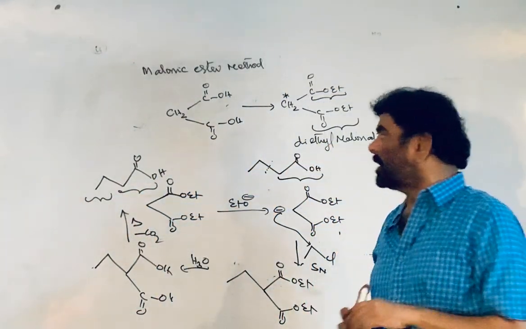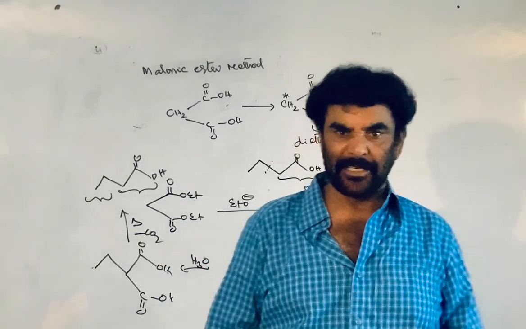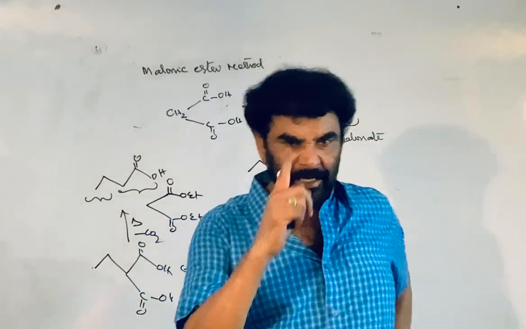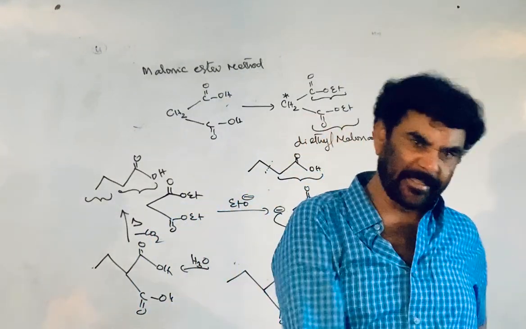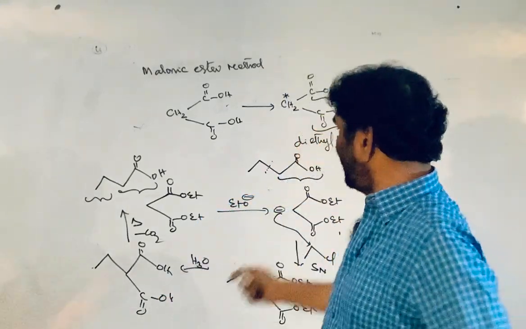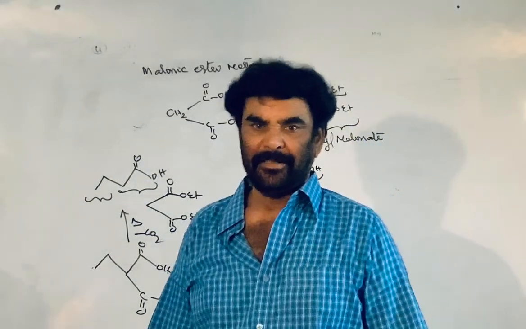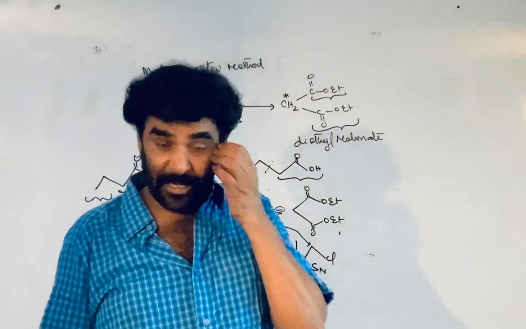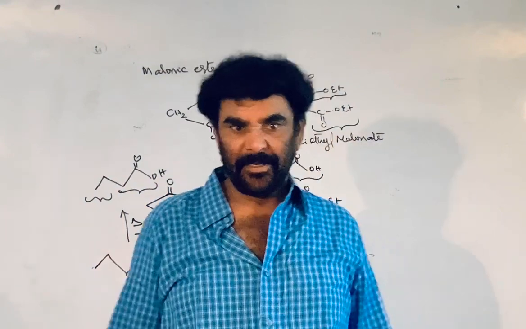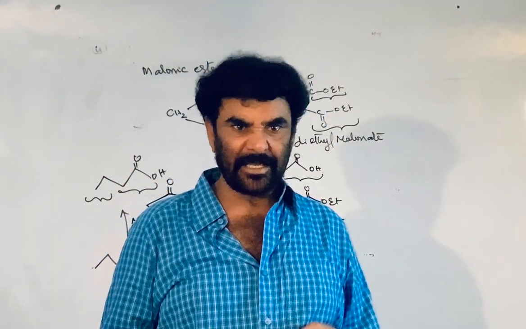So this is the malonic ester method for preparation of higher carboxylic acids. Here the alkyl halide is the reactant, and diethyl malonate is the reagent which supplies the carbanion. So these are the important methods of preparation of carboxylic acids.